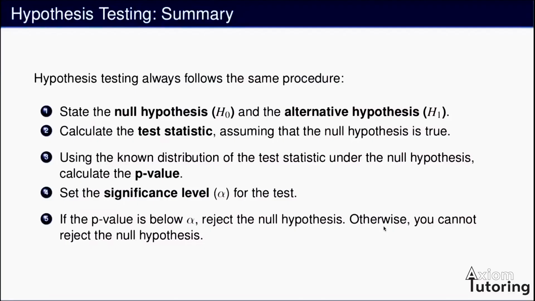And then using the known distribution of the test statistic under the null hypothesis, we calculate the p-value and then set the significance level for the test, usually at 1% or 5%. And then if the p-value is below alpha, we reject the null hypothesis, and otherwise we do not reject the null hypothesis.